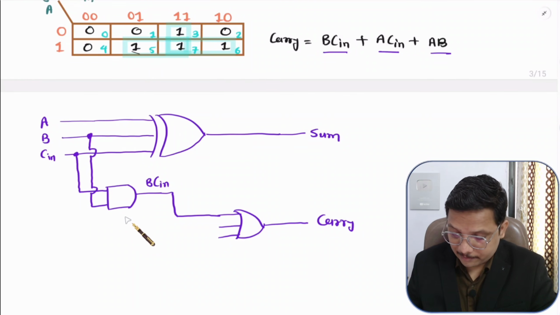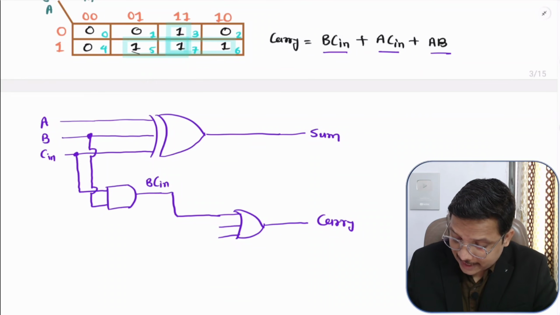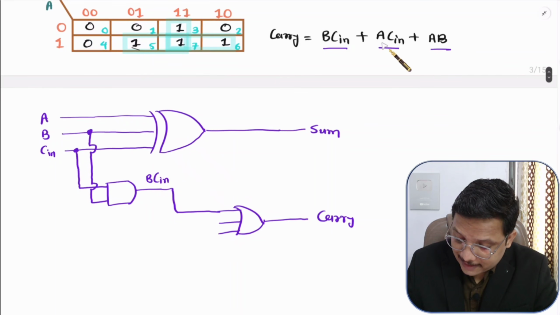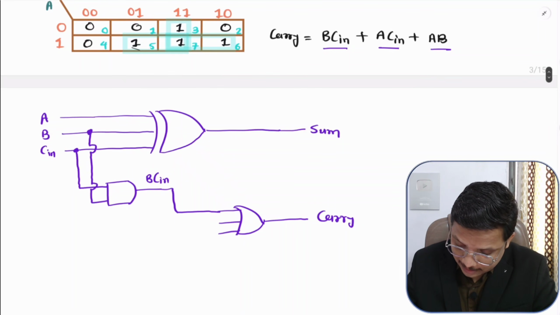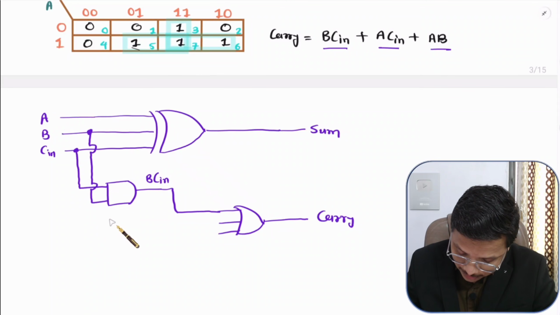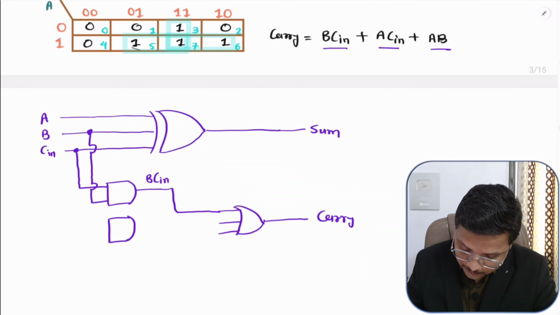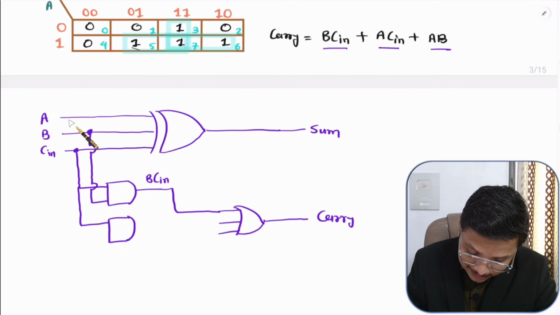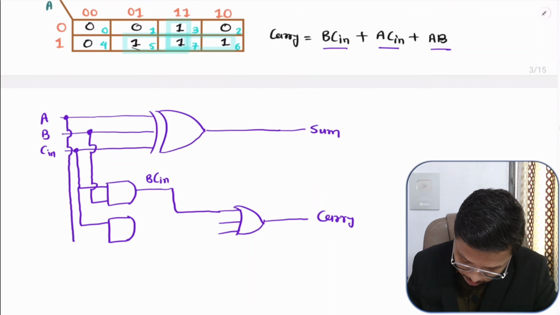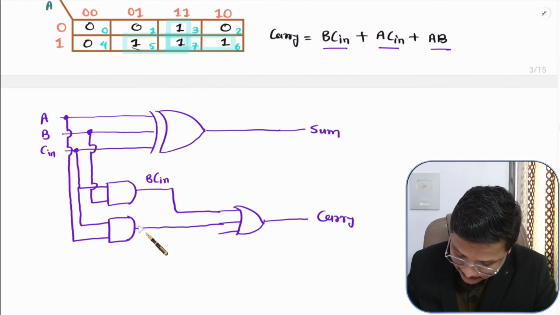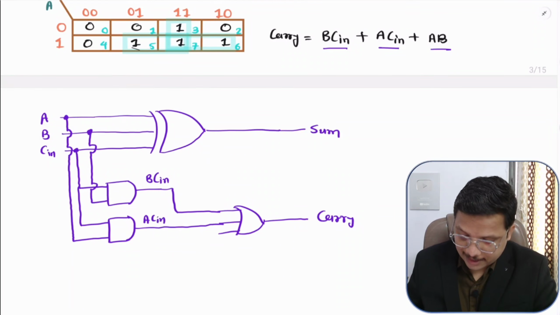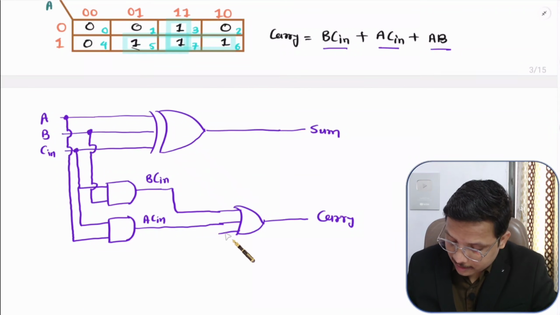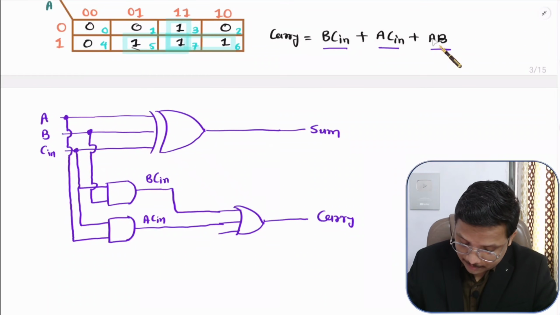over here, right? Now the second input of this OR gate is AC in. So AC in I need to give as the second AND gate's inputs. So C in and A, so I need to take A from here. So here this is AC in, right? Now the third OR gate input is AB.